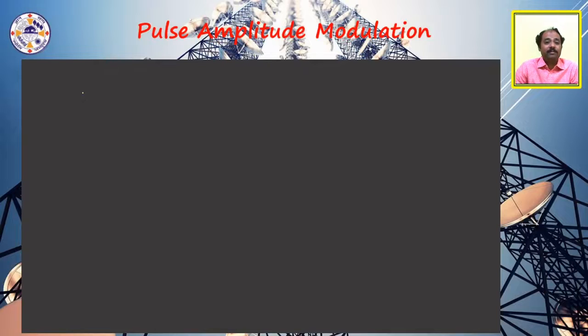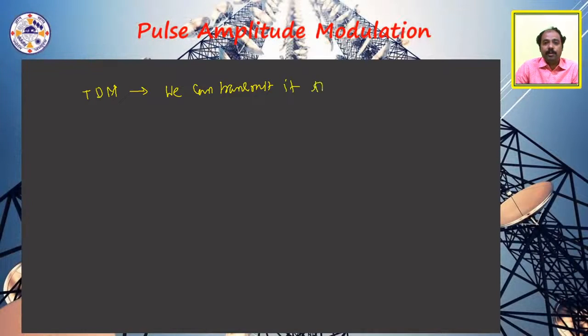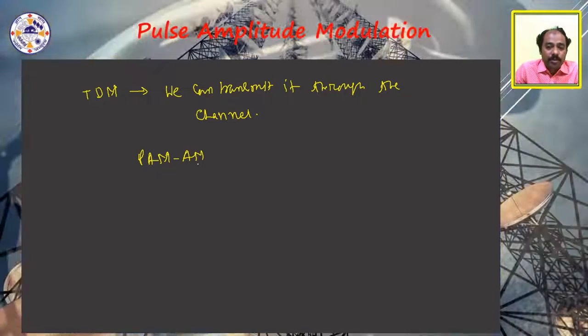Now, this time division multiplex signal, I can just transmit it through the channel. For this PAM signal, we can use amplitude modulation.